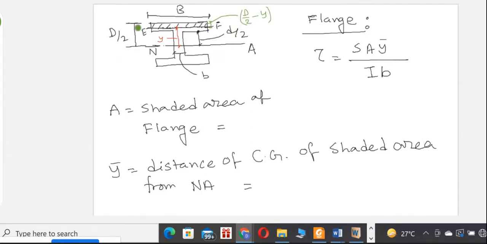D by 2 minus y. Why? Here to here is capital D by 2. Again here to here is y. So remaining क्या बच गया? D by 2 minus y.